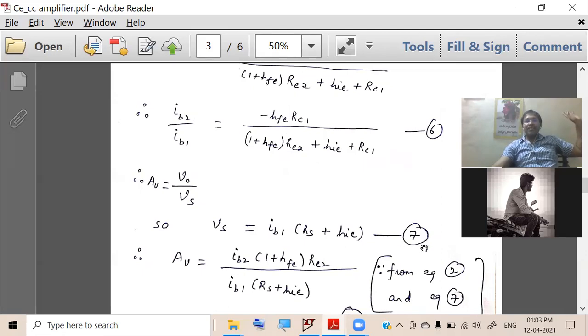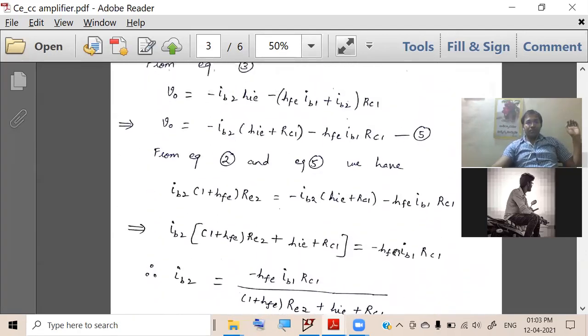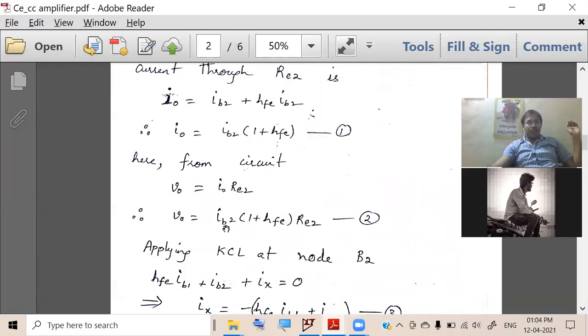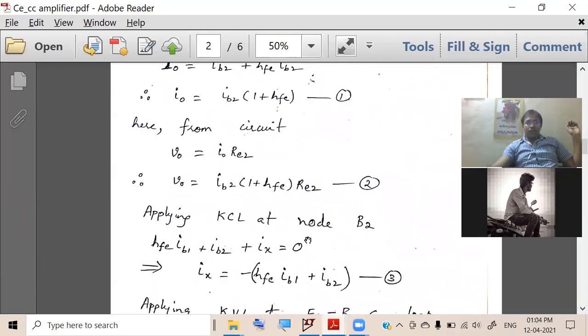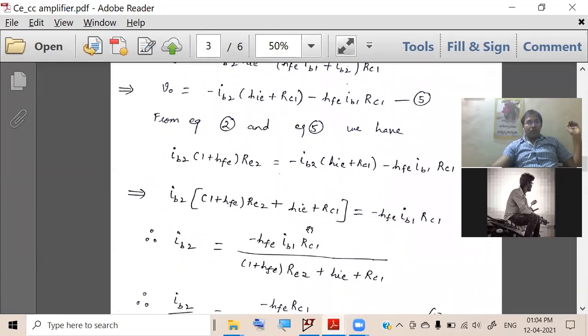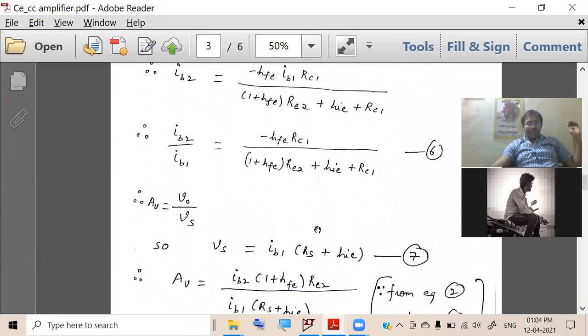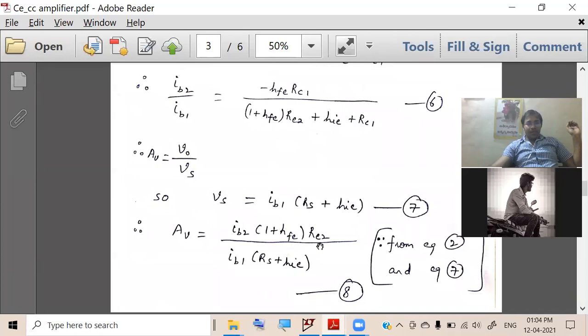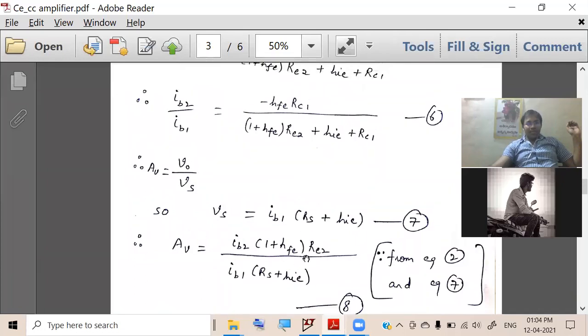Let us see V0, equation 2. What is V0 in equation 2? IB2 into 1 plus HFE into RE2. That is V0. V0 we have kept here from equation 2. Vs, just now we found out.